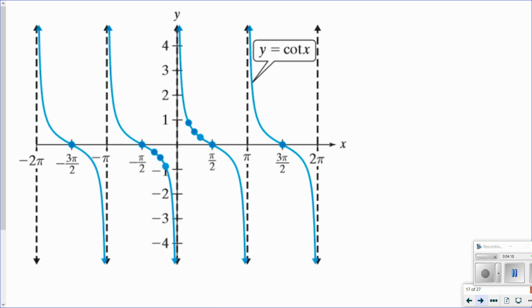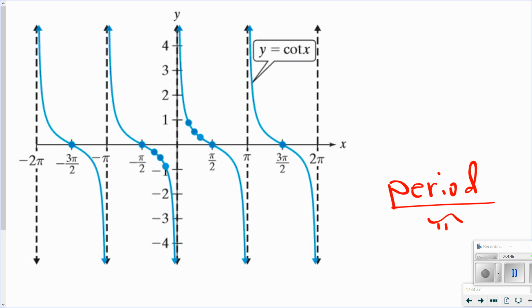The other big difference is the direction in which the branches go. They almost appear to be negative in nature, or they decrease from left to right. That is what is different from the tangent graph. Similarly, the period of cotangent is pi, something to keep in mind.